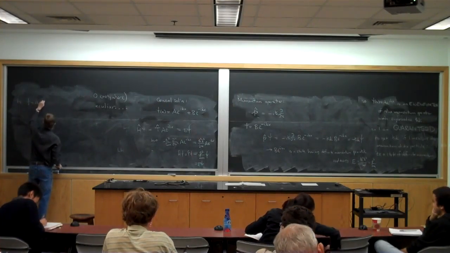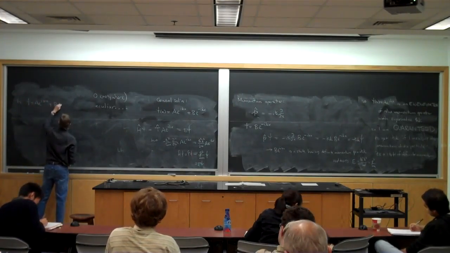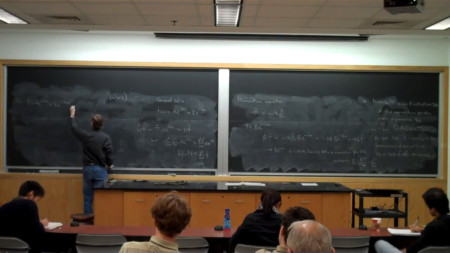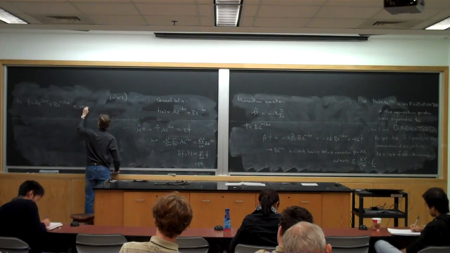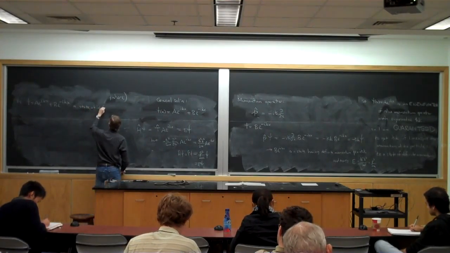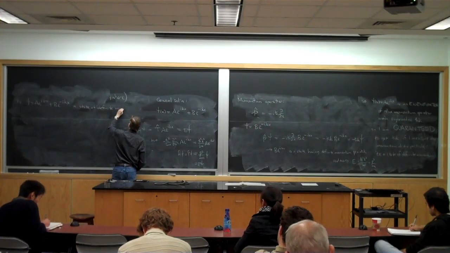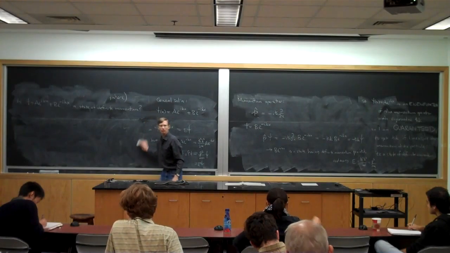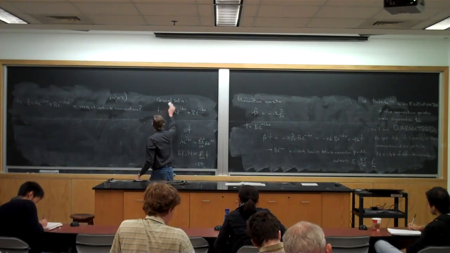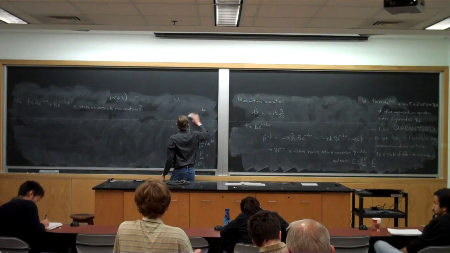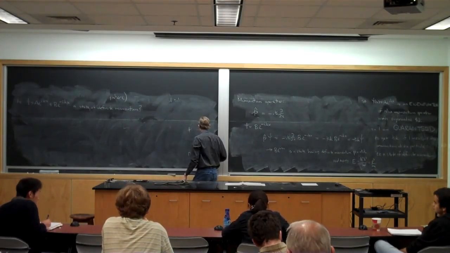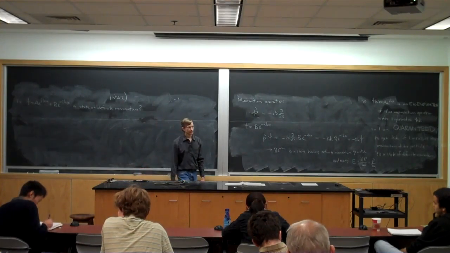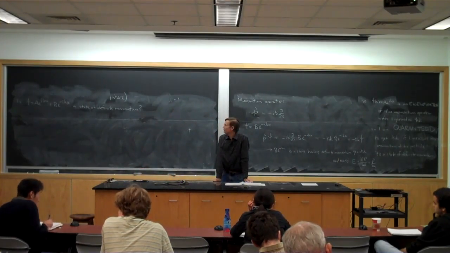So what about a e to the ikx plus b e to the minus ikx? Is that a state of definite momentum? If I have a free particle whose wave function is a e to the ikx plus b e to the minus ikx, which it's certainly allowed to have, does that have definite momentum or not?